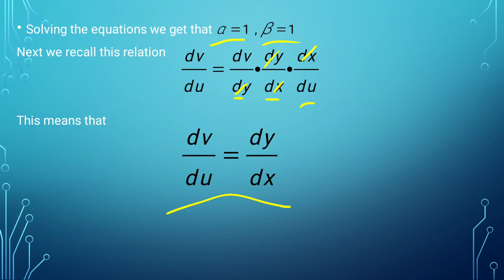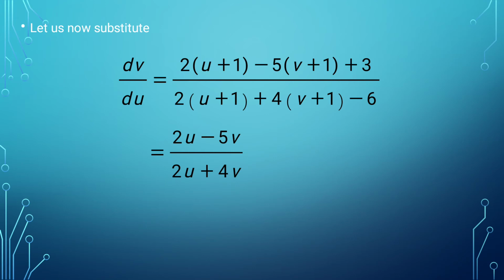Having this relationship and having gotten the values of alpha and beta, we can substitute. Remember what we said: our x is given by u plus alpha, and our y is given by v plus beta.